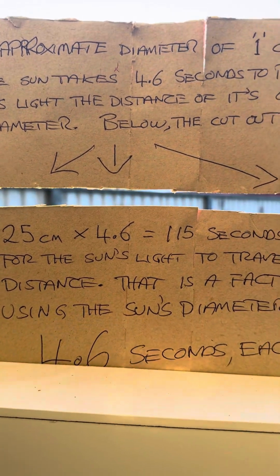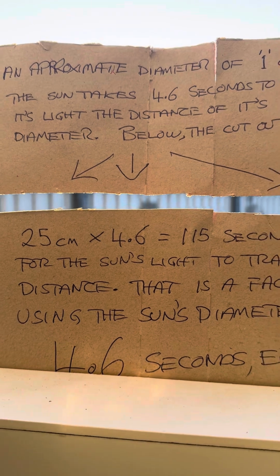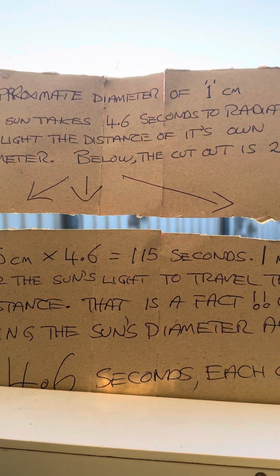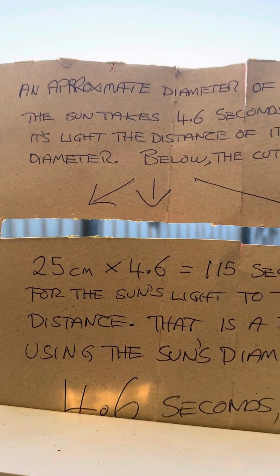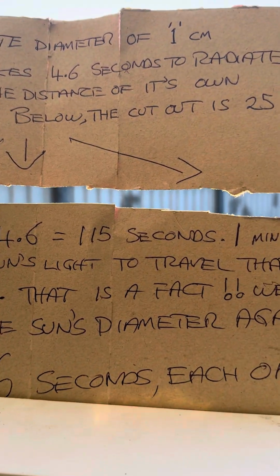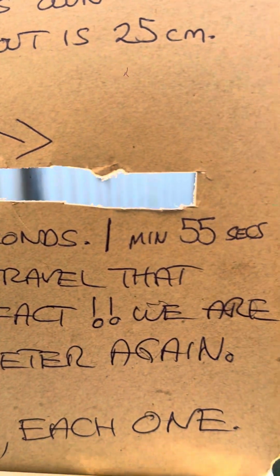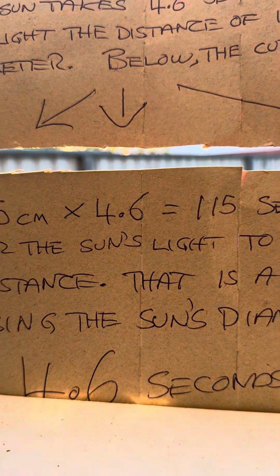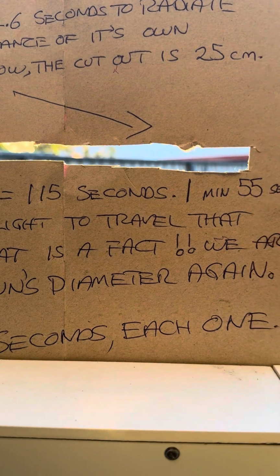An approximate diameter of 1 centimetre. The sun takes 4.6 seconds to radiate its light the distance of its own diameter. Below the cutout is 25 centimetres. I measured it. That cutout is 25 centimetres. 25 centimetres multiplied by 4.6 is 115 seconds.